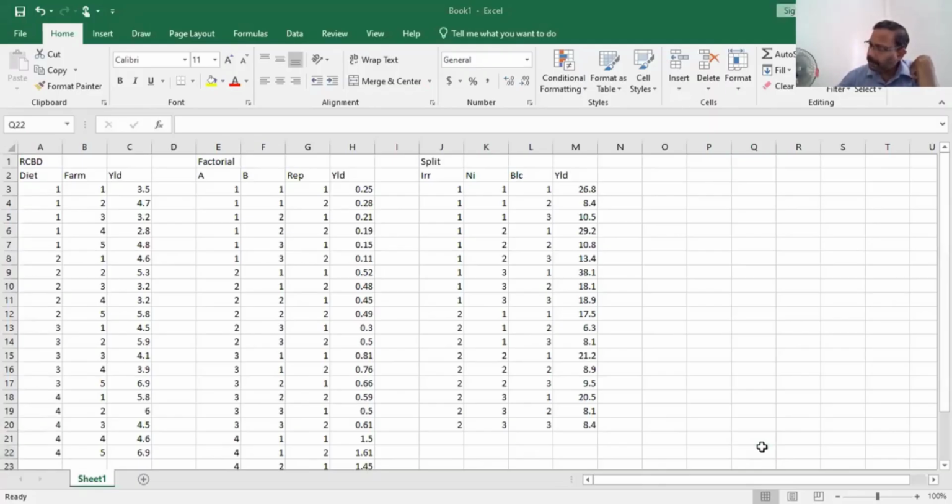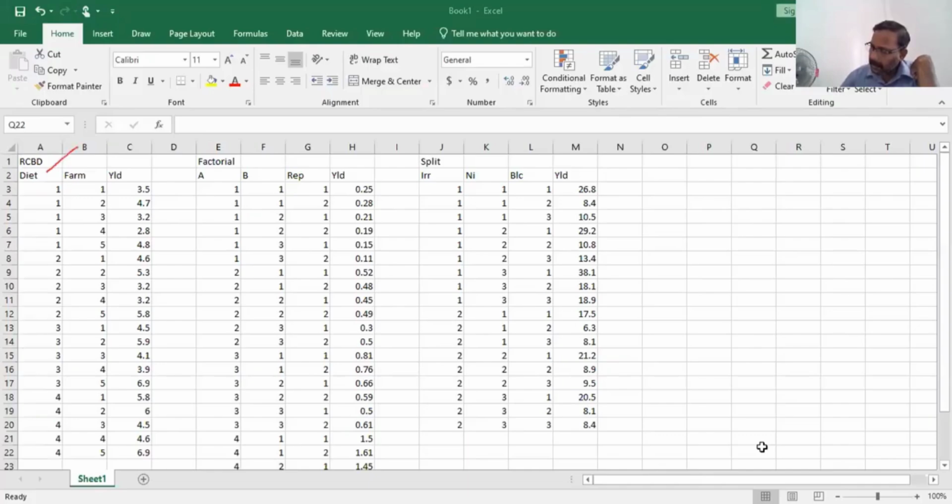So here, can you all see the screen? So this is the diet. This is the farm. This is the yield that I have already entered. Now what I'm going to do is, it is an easy way to enter in the Excel sheet, isn't it?